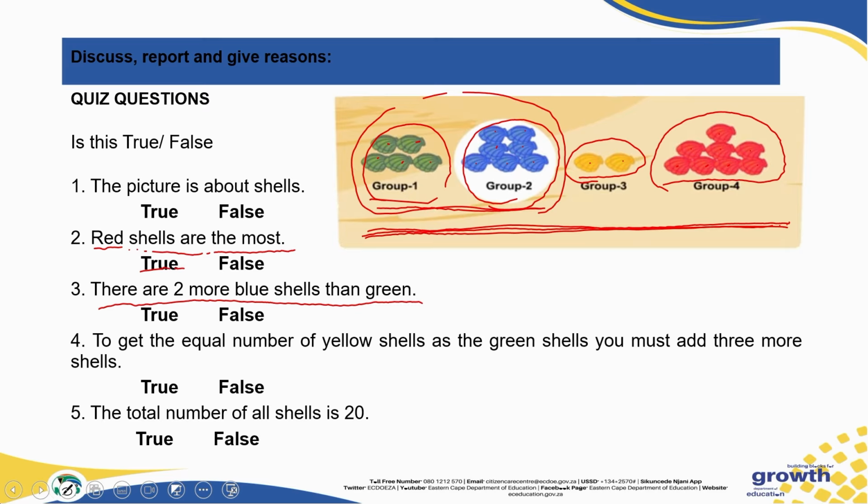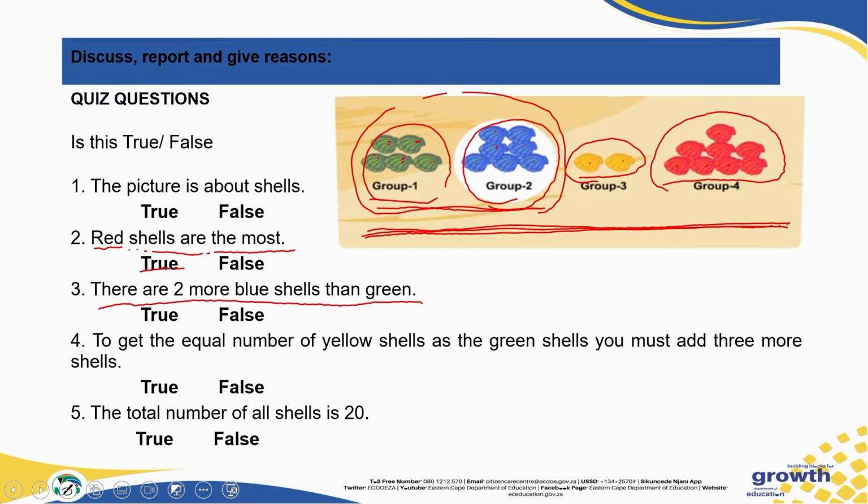How are we going to know that this is true or it is false? We will know that by counting. Very good. We need to count them so that we are sure that these blue are more than green. Let us first count the green color.